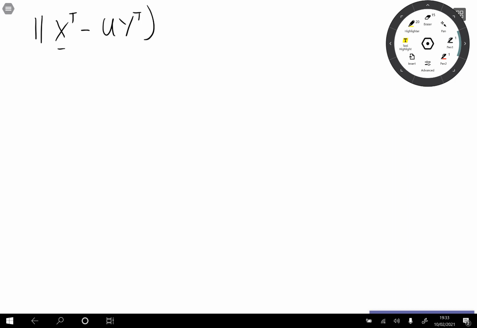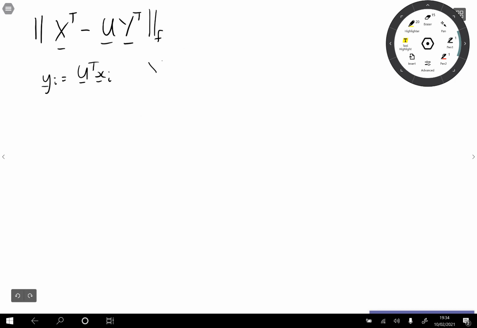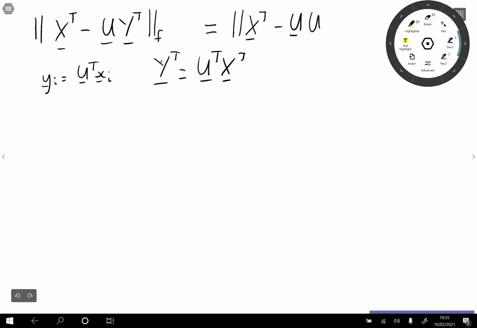But we've just said yi had to be U transposed xi. So the matrix Y transposed is U transposed X transposed. So this is just X transposed minus U U transposed X transposed for the Frobenius norm. So we know what Y must be. All that's left is saying what U must be.